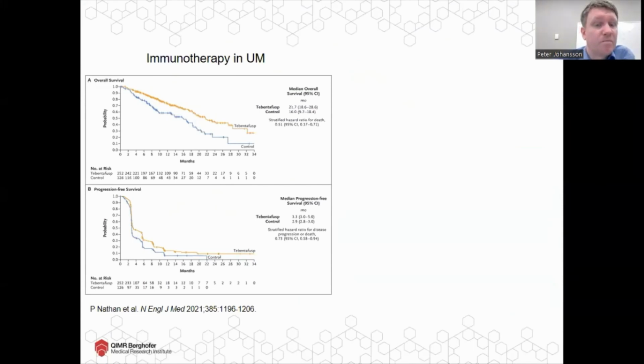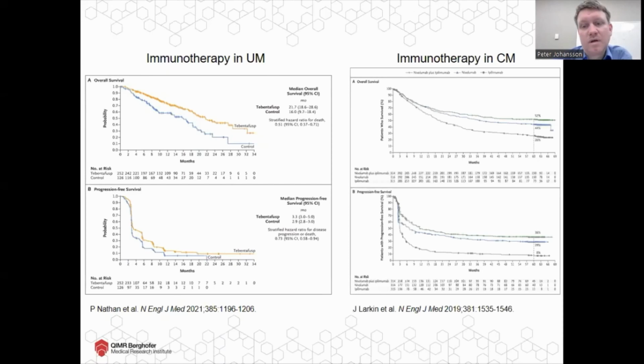Here is a study from last year where the median overall survival was about 22 months, which was good enough to get this drug FDA approved, but compared to cutaneous melanoma, it's not good at all, because there we have a median overall survival of more than 5 years. So it's a big gap between uveal melanoma and cutaneous melanoma.